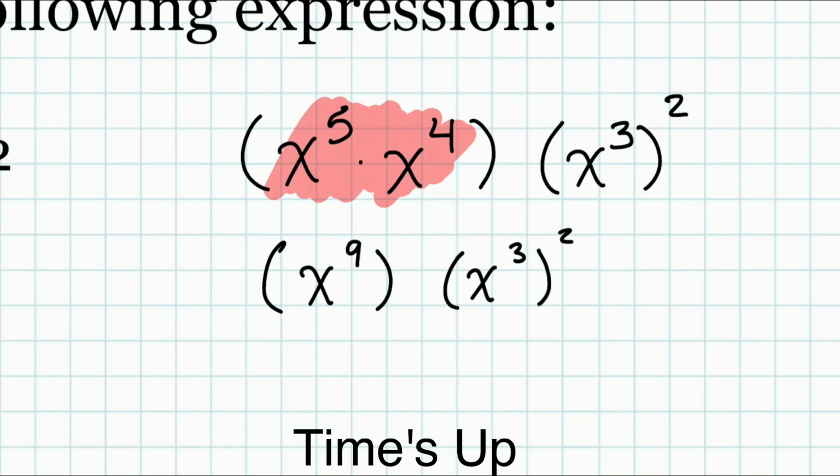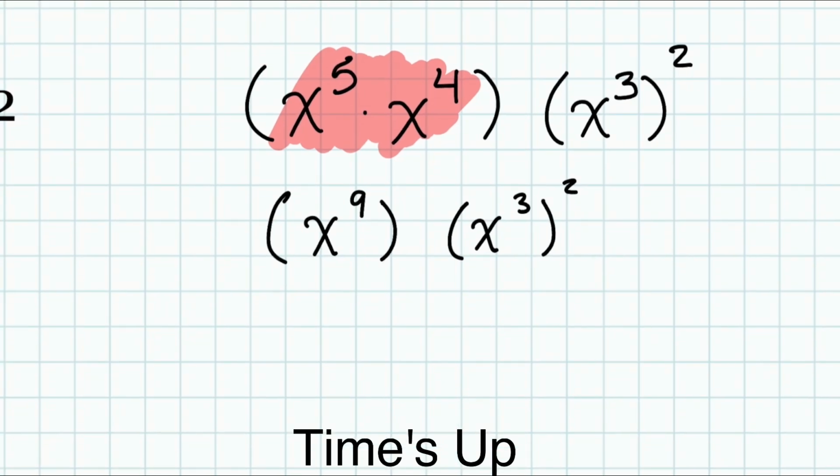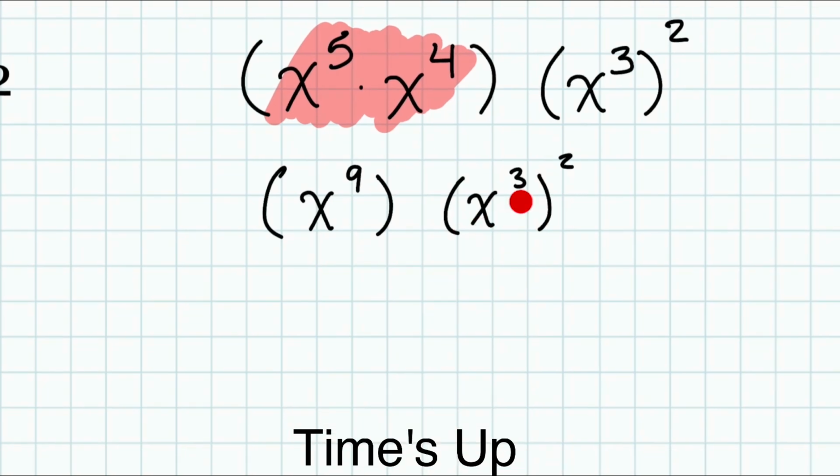Okay, so before we multiply these two together, what must I do, everybody? Oh, y'all already wrote the answer out for that one. Exactly. We have to take care of this here. We got to take care of the exponent, so a power to a power. And so we know that we're supposed to multiply, so everybody, that x cubed squared turns into x to the power of what?